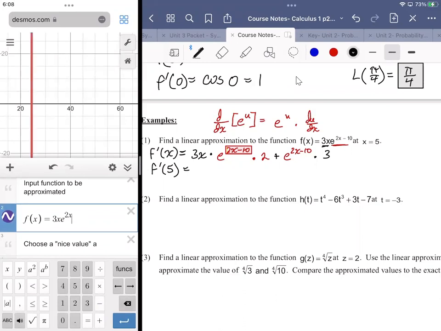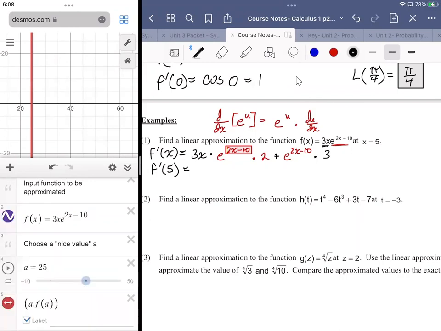You just got to be careful. When you put in an exponent, sometimes it'll just take the first term and make that the exponent, and then try to make everything else ordinary font. So put in parentheses 2x minus 10 to keep it associated with the exponent. What I do after the fact is erase the parentheses because I think it looks a little nicer, but that's not a requirement.